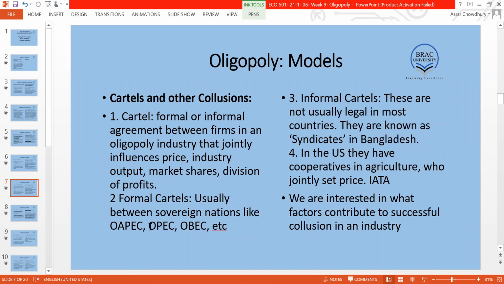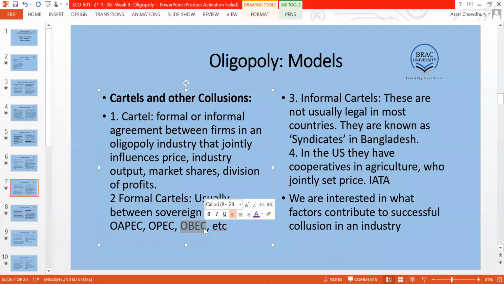Have you heard this organization OPEC? Yes, sir. Okay. There are two: one is the Organization of Petroleum Exporting Countries, and the other is the Organization of Arab Petroleum Countries.